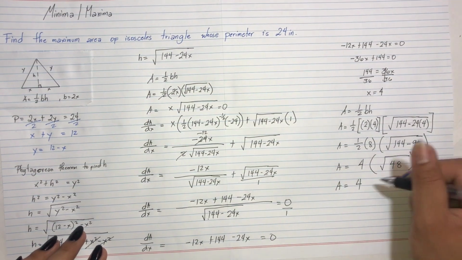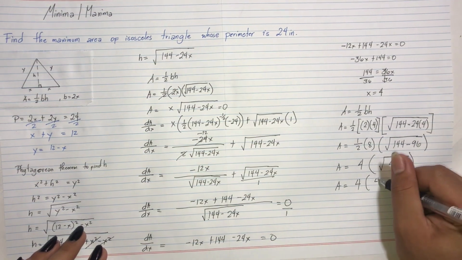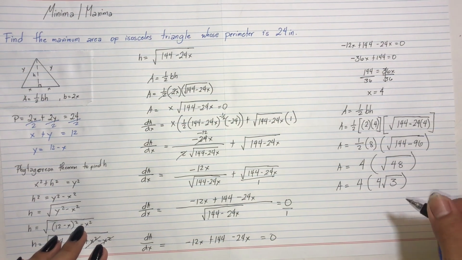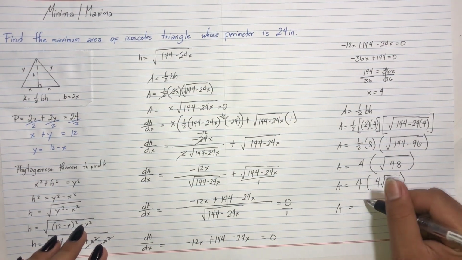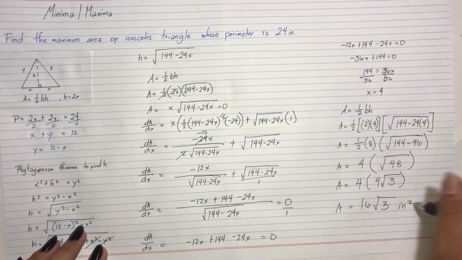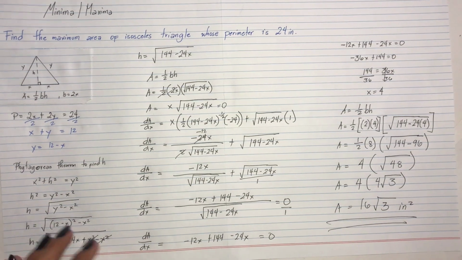Area is equal to 4 square root of 48, that is 4 times 4 square root of 3, that is 16 square root of 3 square inches. That is the maximum area of the isosceles triangle.